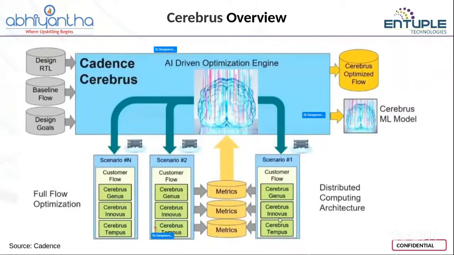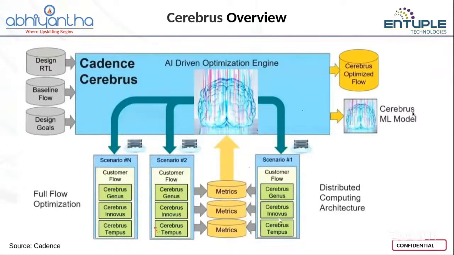All these tools are automated with Cerebrus. Genus is for synthesis, Innovus for PNR and Tempus for timing performance. All these metrics are put together with the multiple scenarios, and finally this AI-driven engine will do the optimization process, and with the Cerebrus optimized ML model, you will get the output.